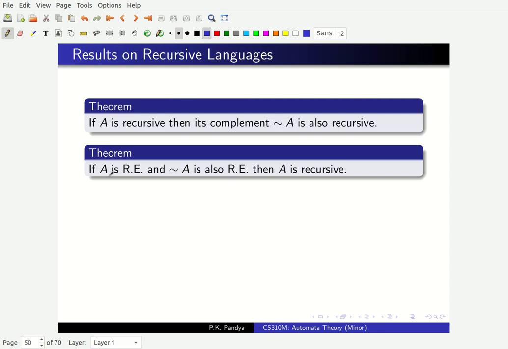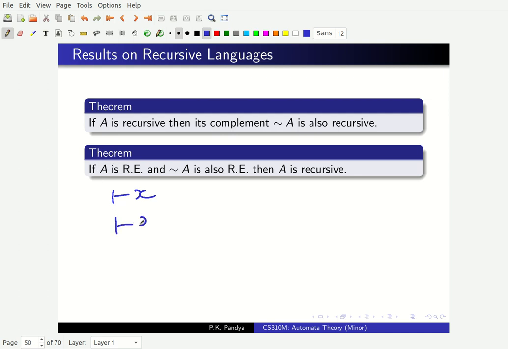The second theorem we had seen was that if A is recursively enumerable and its complement is also recursively enumerable, then A must be recursive. Why is this the case? A is RE, so I have a Turing machine which will accept on every element of A. Those things which are not in A, the Turing machine may loop or it may reject, right? So what I do is I start a two-tape Turing machine, where X is the string I am trying to determine whether it's in A or not.